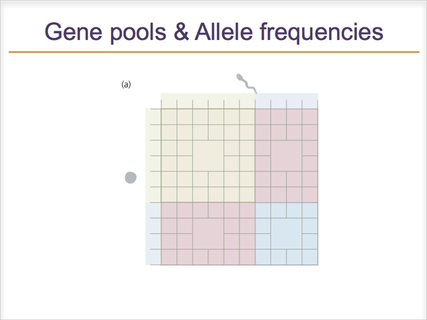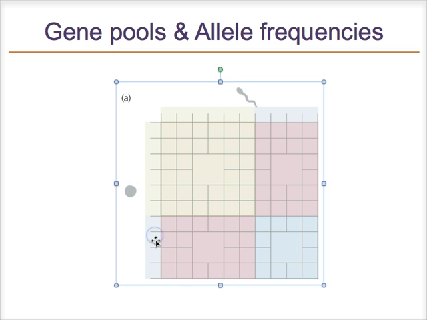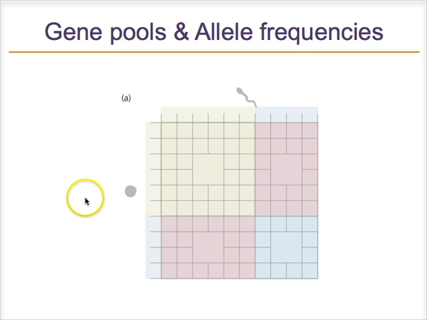So just as in a traditional Punnett square, we have all of the gametes produced by one parent across the top, and all of the gametes produced by the other parent down the left-hand side. But rather than your traditional 2 by 2, two columns against two rows, we have changed the number of columns and the number of rows to match the allele frequencies of this population.